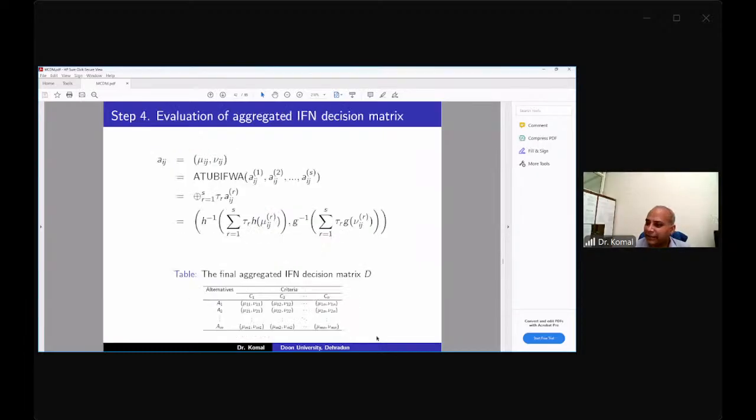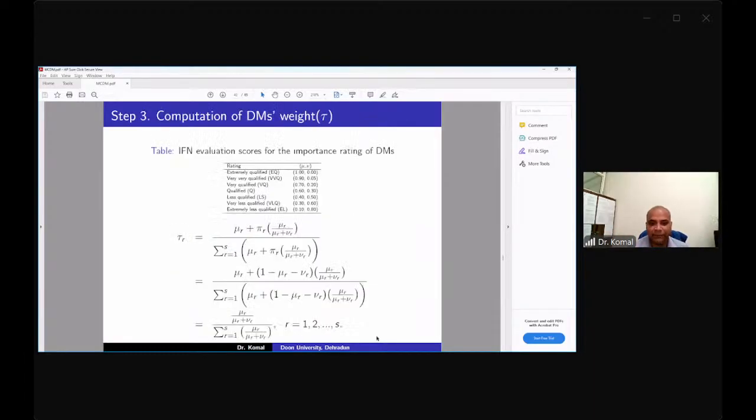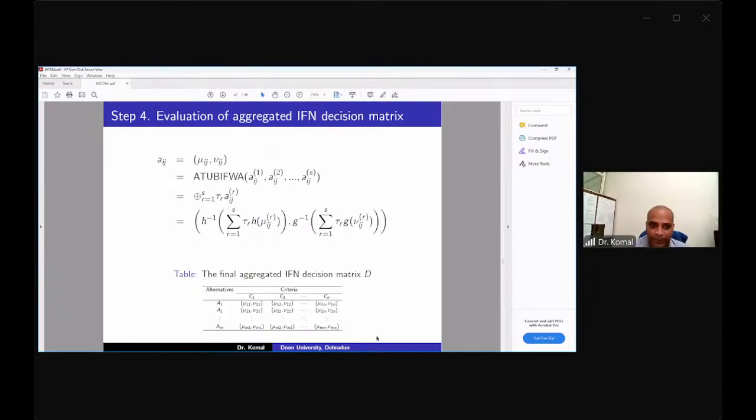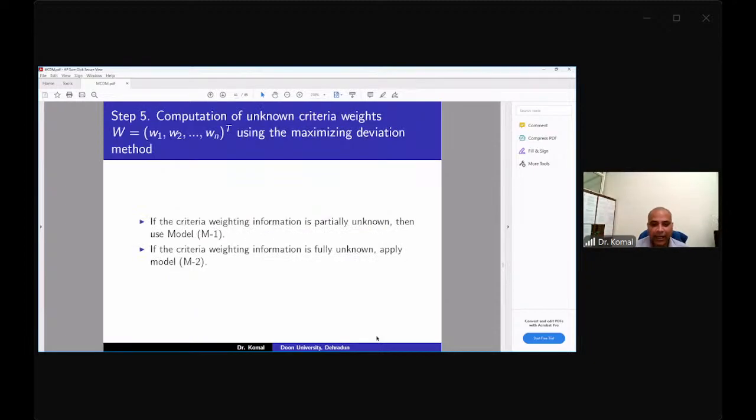Once we have the weights of the experts, we assemble the matrices along with these weights with the help of an aggregation operator. Suppose here I am using the weighted average, then ultimately we get the information in a single matrix denoted by this table. So all the matrices are combined in a single matrix.